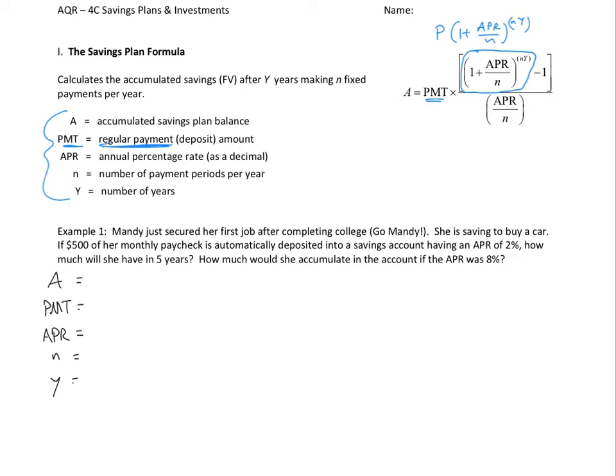All right, so we don't know how much money she's going to end up with, so we'll leave that one blank for now. We know it will be a $500 payment. We know the APR is 0.02 as a decimal. We have a clue here that says monthly. That's how we know N will be 12 and Y is 5 years. Here it is.